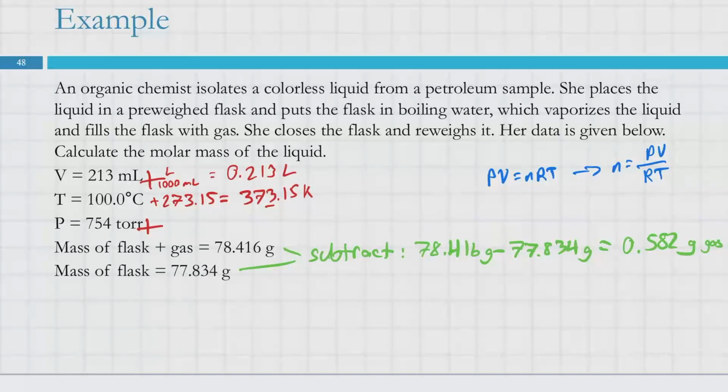We need to convert from torr, which is the same as millimeters mercury, to atmospheres. .992 and change atmospheres. Then we can plug into our n equals PV over RT.